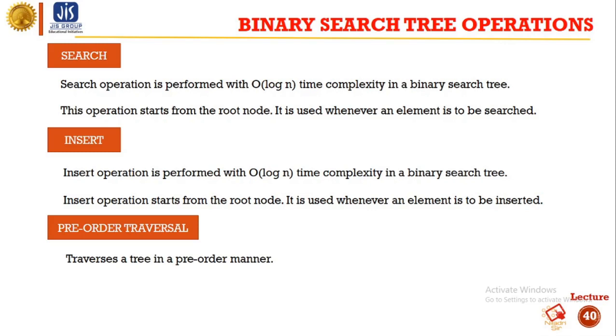In binary search, we start with n elements in the search space, and if the mid element is not the element that we are looking for, we reduce the search space to n by 2.